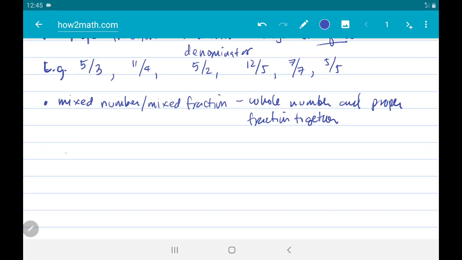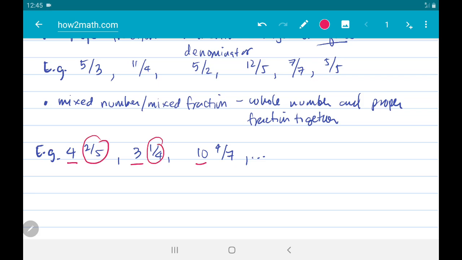Example, 4 and 2/5, 3 and 1/4, 10 and 4/7, and so on. Here 4, 3, and 10 are whole numbers, and 2/5, 1/4, and 4/7 are proper fractions.